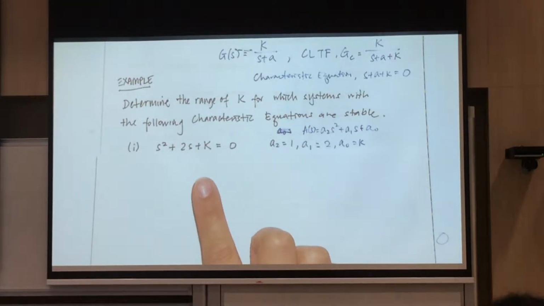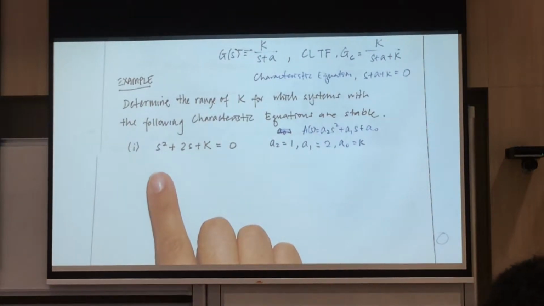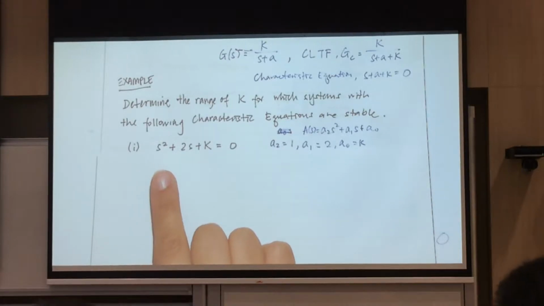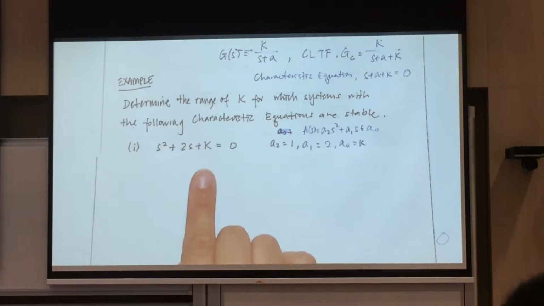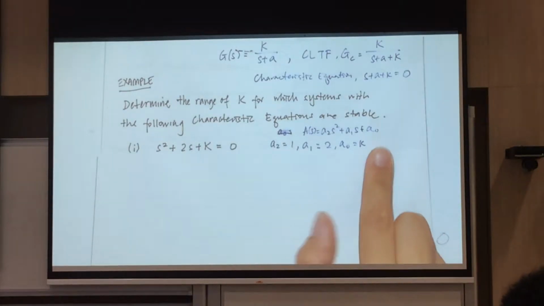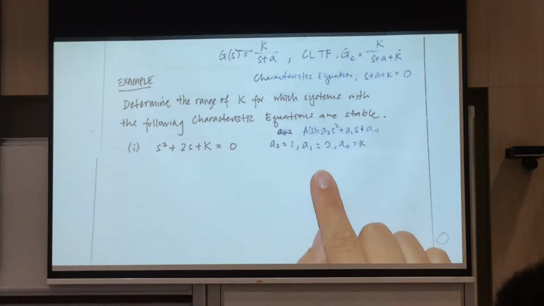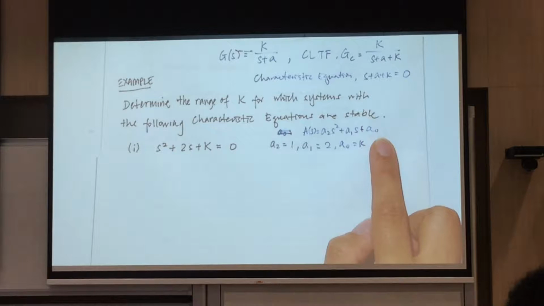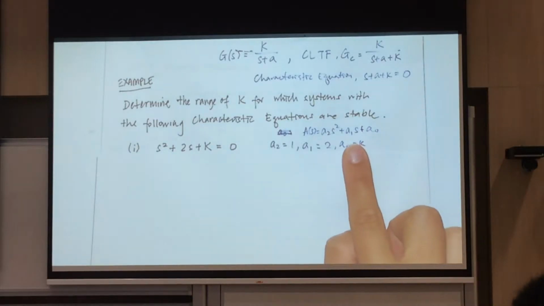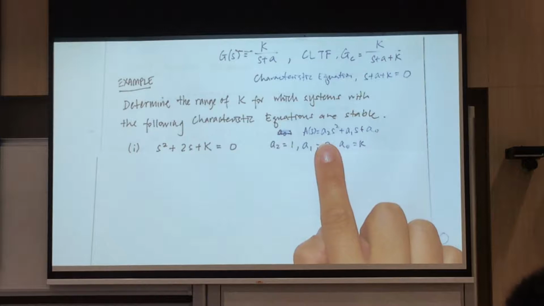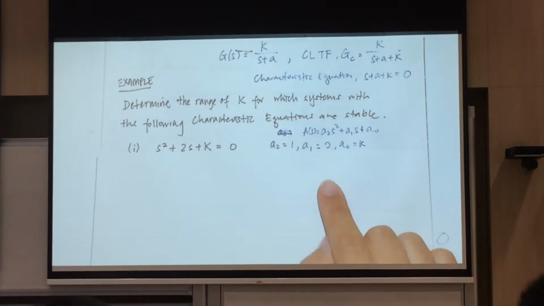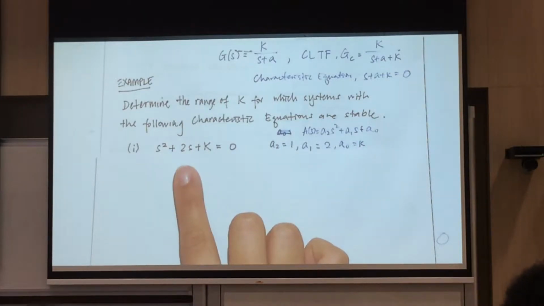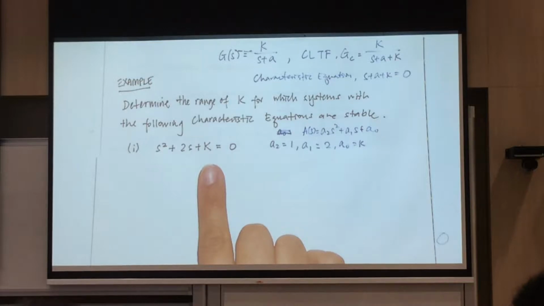This is your A(s), where A(s) equals s squared plus 2s plus K. Just recognize this, and refresh your memory: what are a2, a1, and a0? a0 is the coefficient for s to the power 0, a1 is the coefficient for s, and a2 is the coefficient for s squared. So a2 is 1, a1 is 2, and a0 is K.